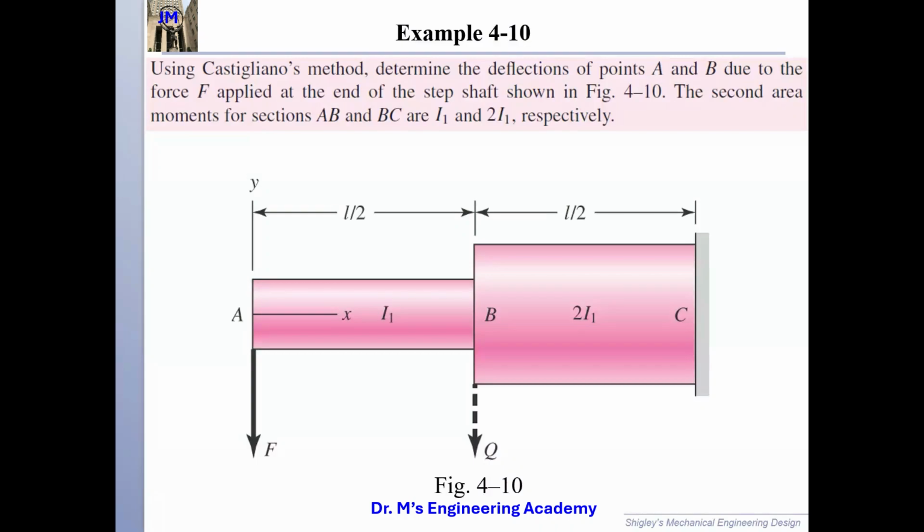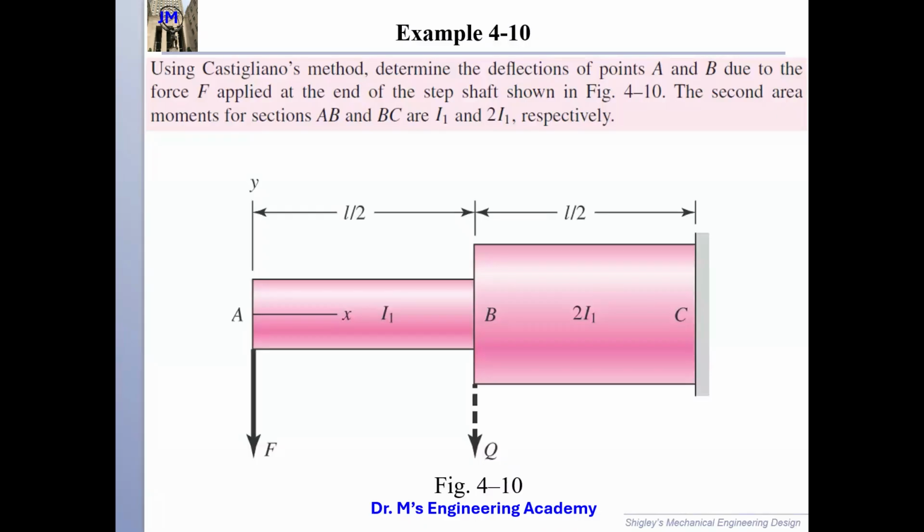I also know that for this beam, this half is I_1 and this half is I_2, and I_2 equals 2 I_1. So I need to integrate these two halves separately.